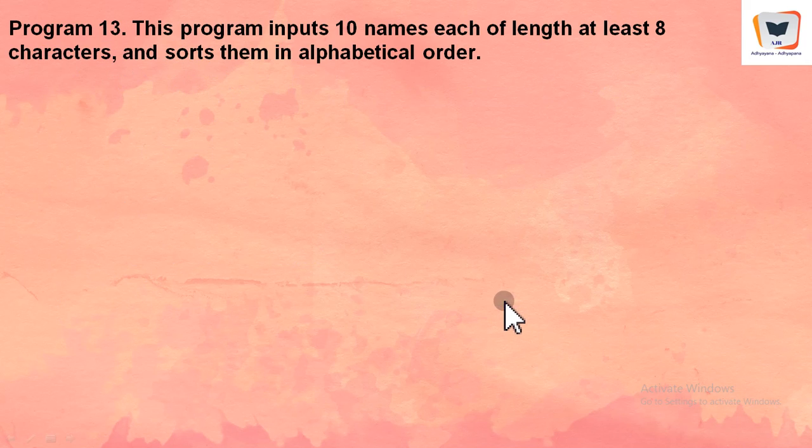Next, this program inputs 10 names, each of length at least 8 characters, and sorts them in alphabetical order. We will implement bubble sort. Here it is not integer sorting, it is the sorting of strings, maybe a list of students, a list of names of employees, or whatever. Every element is a string.